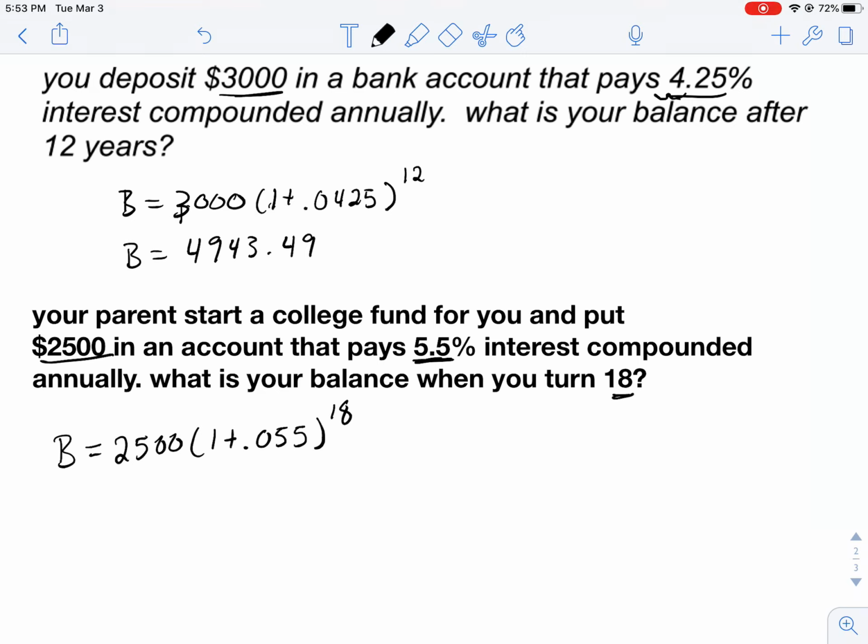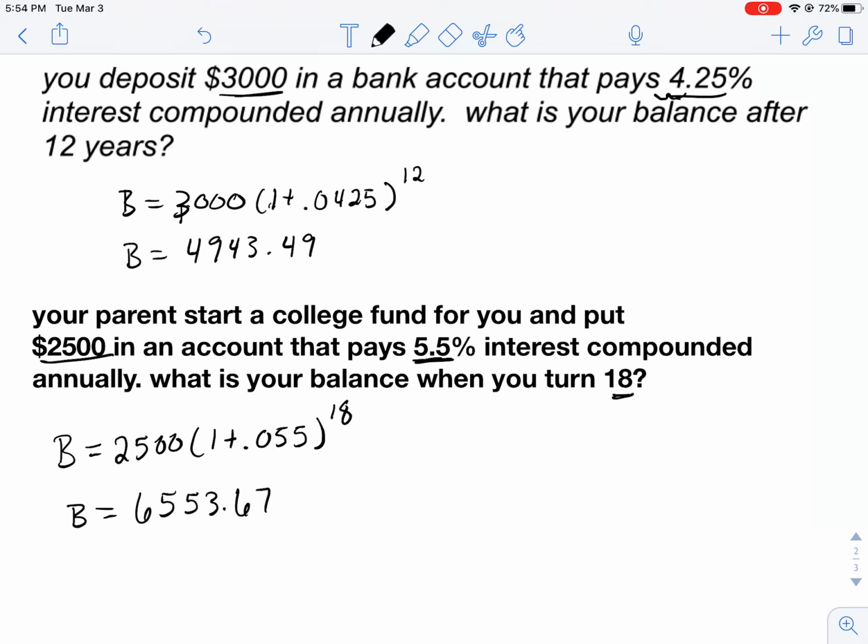So we put that in the calculator. 2,500 times 1.055, and then that's going to be to the 18th power, and it's going to kick out that B is going to be equal to $6,553.67.